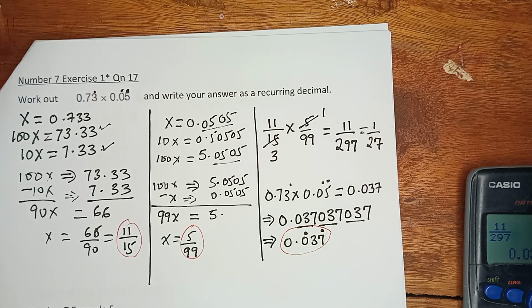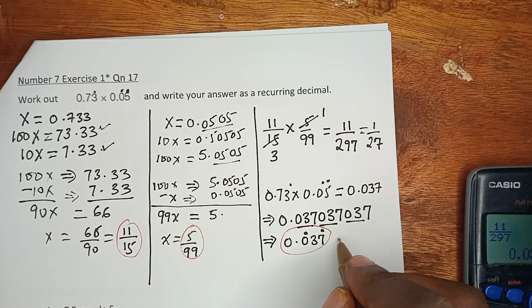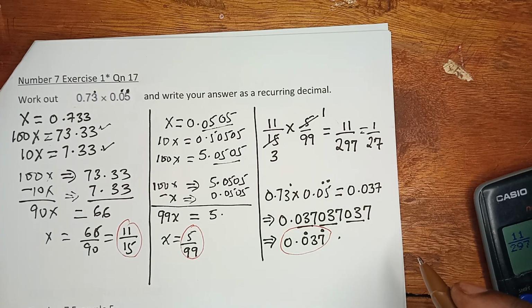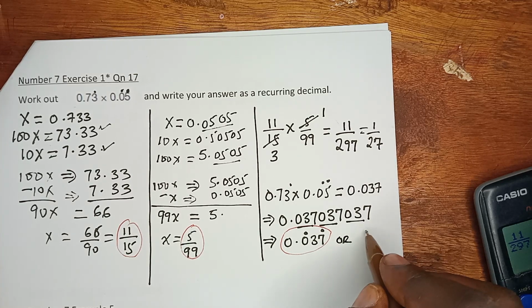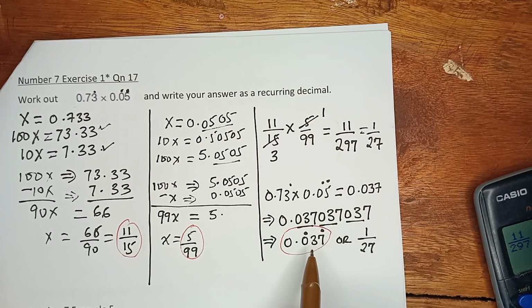But this answer, I repeat, is not as accurate as 1 out of 27. Why is this not accurate? Because it is just recurring and can be rounded off, but 1 out of 27 is accurate. But for the sake of the question, 0.037 recurring is actually the answer.